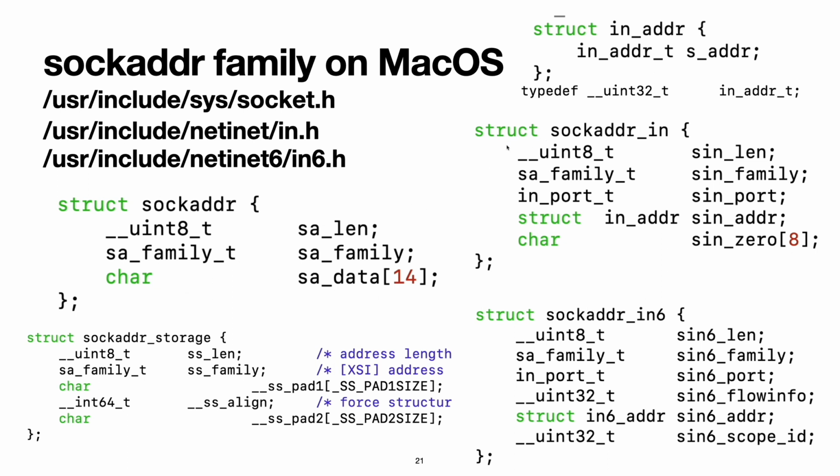If it's IPv4, then you'd cast your sockaddr to a sockaddr_in, which is also 16 bytes in size. If the family is IPv6, then you would cast it as a sockaddr_in6, because you can bet that even though it looks like it's a sockaddr, it was actually a sockaddr_storage, which has 128 bytes of storage. So similar deal as Windows.